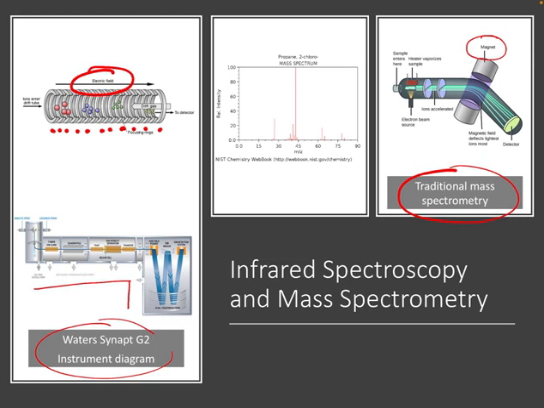Either way, whichever mass spectrometer you use, you end up with a mass spectrum. And you're basically plotting the intensity of a sample of an ion versus its mass to charge ratio. So basically it's mass. But again, we'll talk about this more later on.